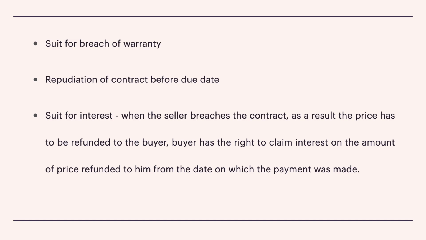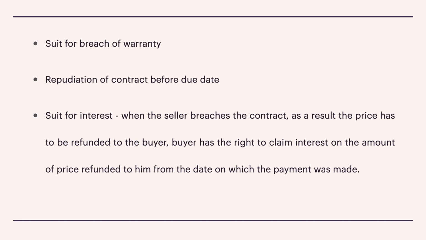Now, if he has not paid the price, for example, then that option does not come for payment of interest. Only for damages can the buyer claim. Because why? He has not paid the consideration in the first place. But in this example, we consider that he has paid the price on 1st December and the seller says on 5th December that he is not willing to complete the contract or fulfill his obligation in the contract.